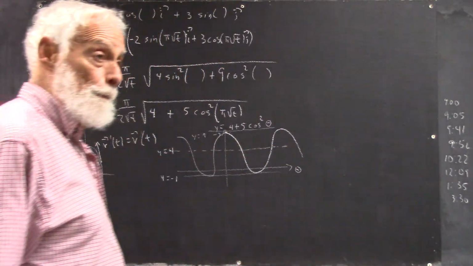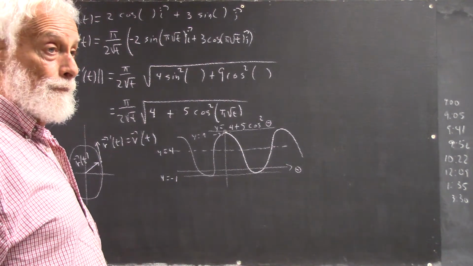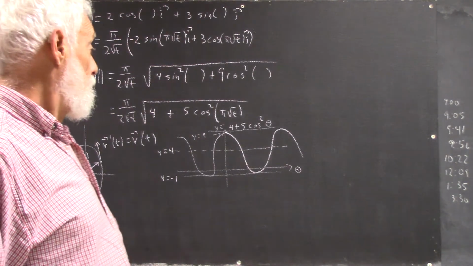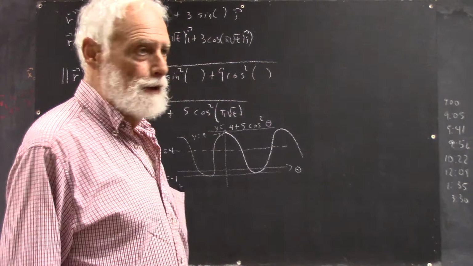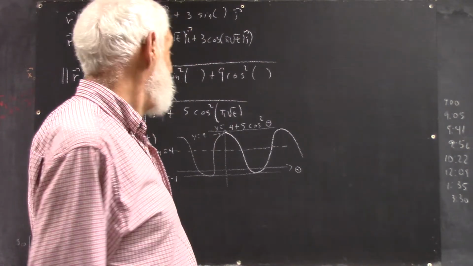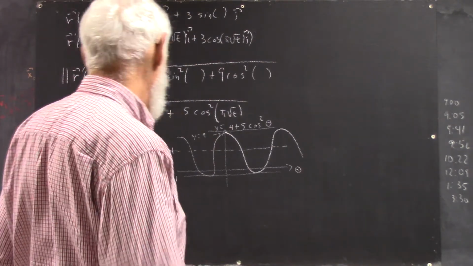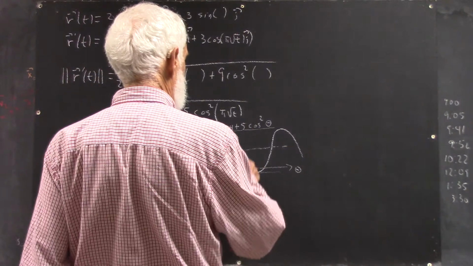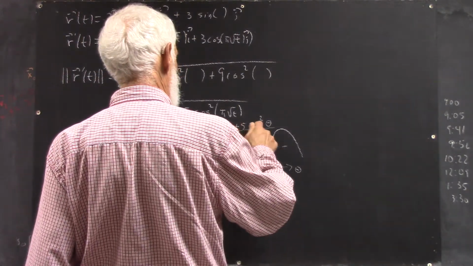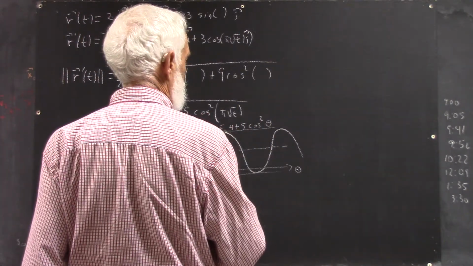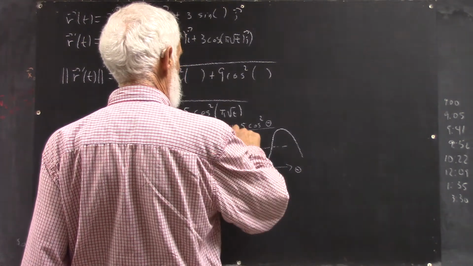you have this. How does it go to -1? Well, because, oh, it's cosine squared, right? So, yeah, the graph is wrong. It's going to be like this.